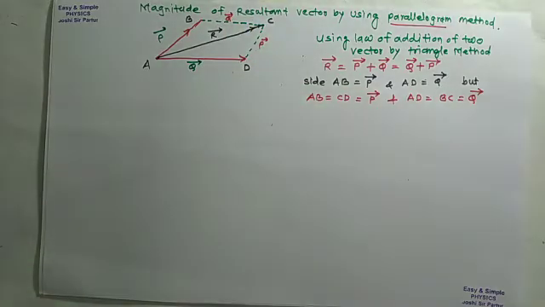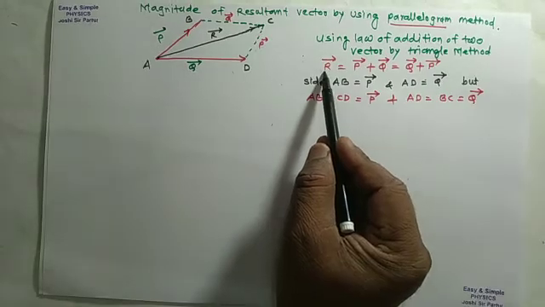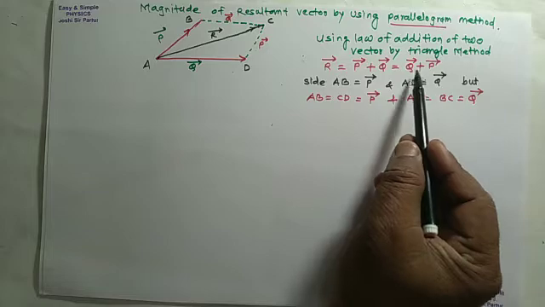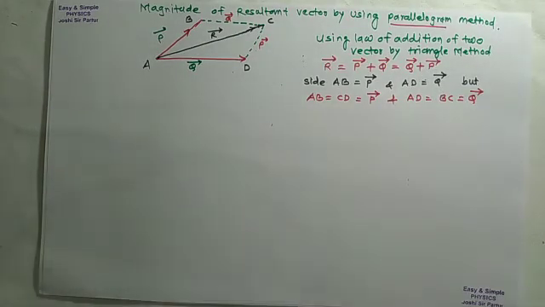So by using the law of addition of two vectors by the triangle method, the resultant vector will be R. Vector R is equal to vector P plus vector Q, or vector Q plus vector P. But we want to find the magnitude of the resultant vector by using the parallelogram method.